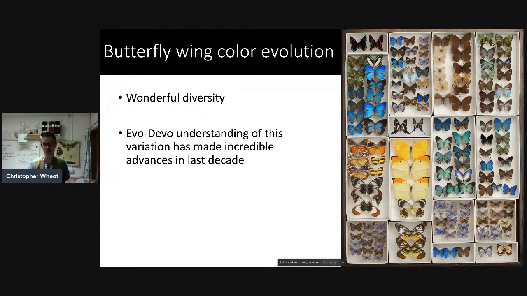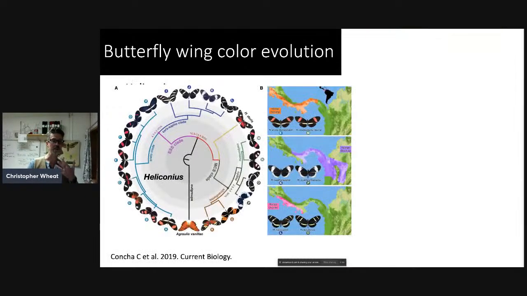But usually when we talk about butterfly wing colors and their evo-devo, we're thinking about Heliconius butterflies, which over the past decade, there's been an incredible amount of understanding developed in this system. These butterflies are primarily known for their mimicry rings down in the tropics where different species end up converging on their color and pattern. Some examples are shown here.